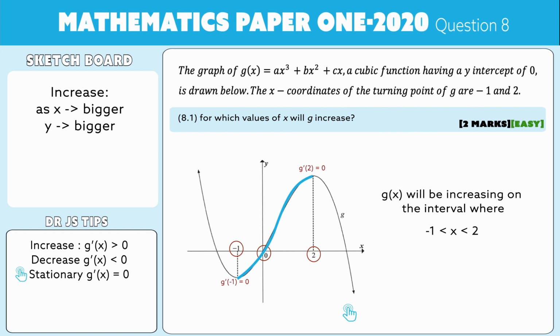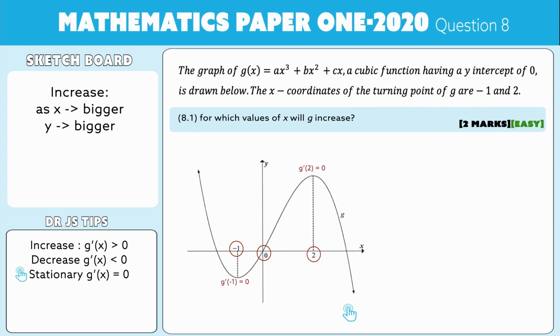That is where it's increasing for 2 marks. Please remember, folks, you do not include the equal to, because where it's equal to 0, look at your tips, it's stationary. So it's either strictly bigger or strictly smaller, depending on what it is that you're looking for.